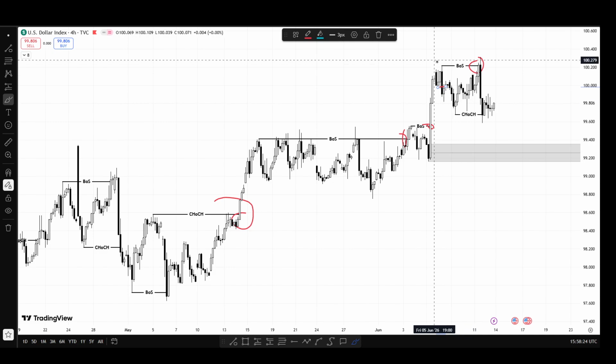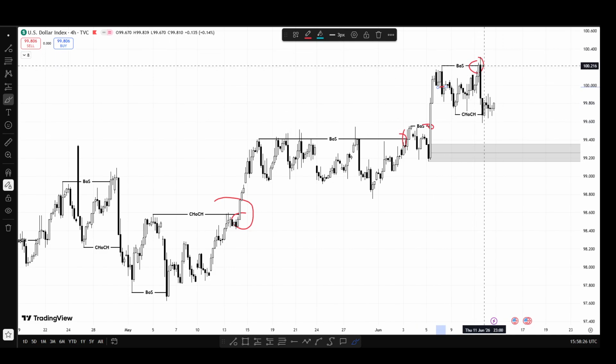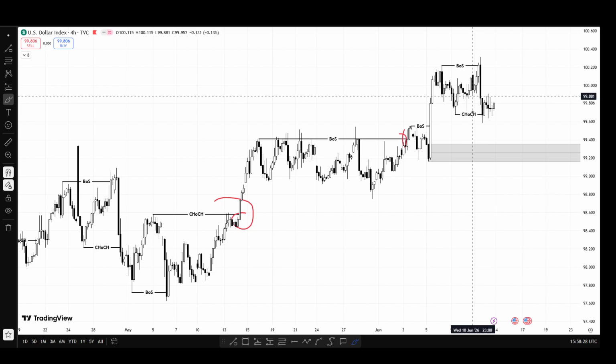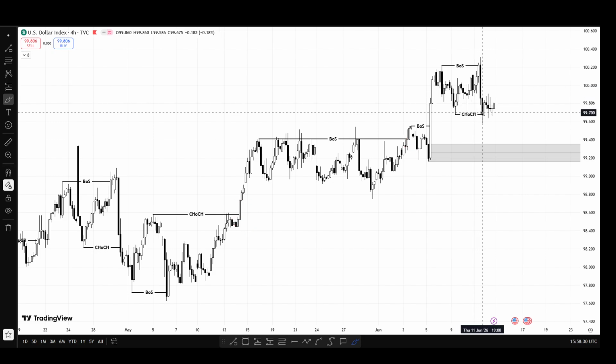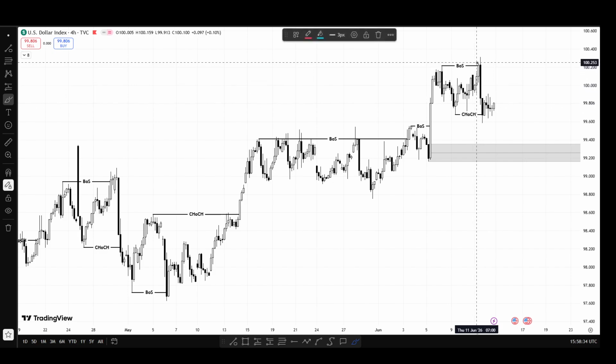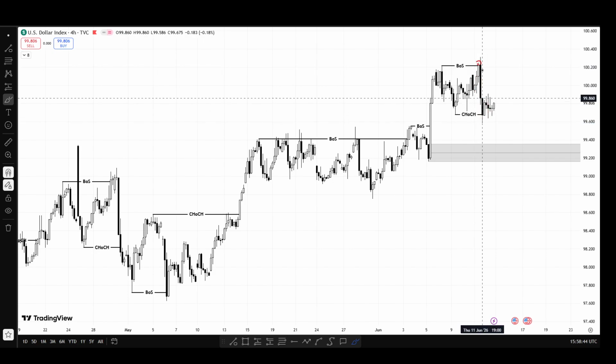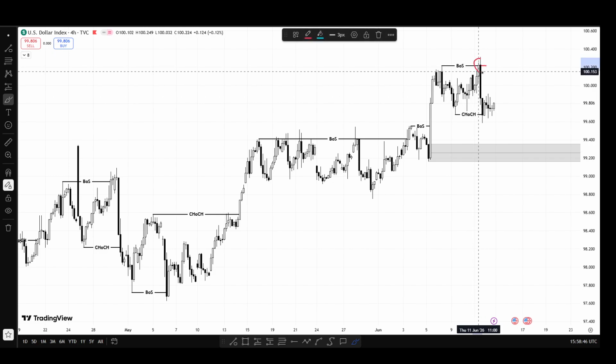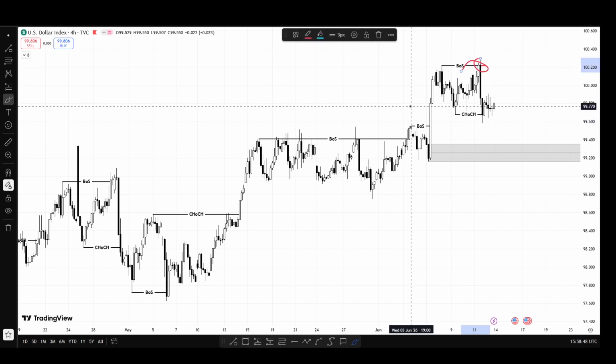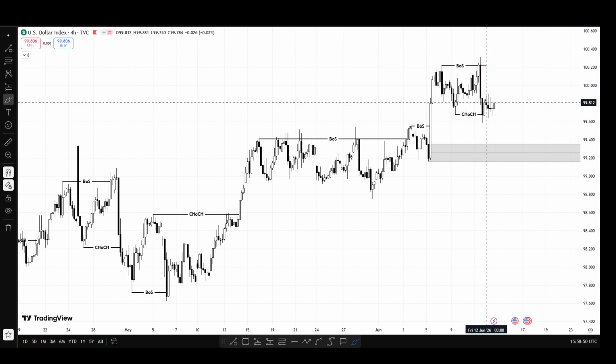After closing above, we had a strong bearish candlestick, followed by another candlestick to close below. So we indicate this one as a candle sweep, like a high sweep.